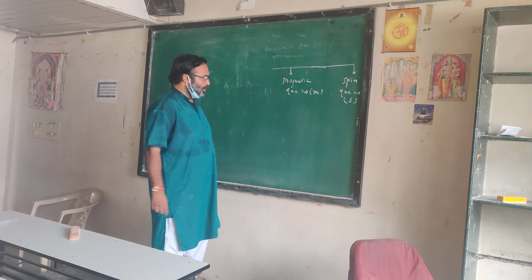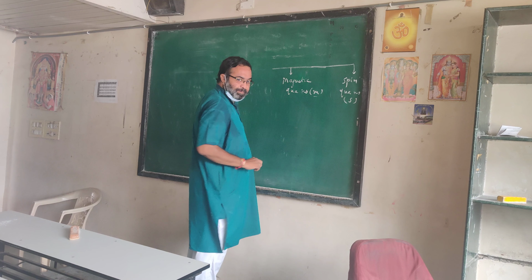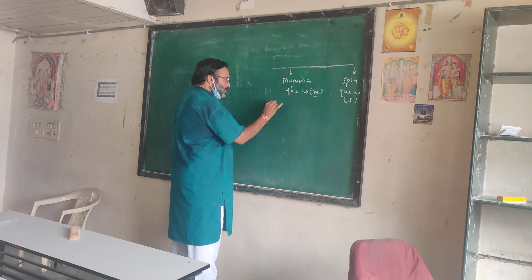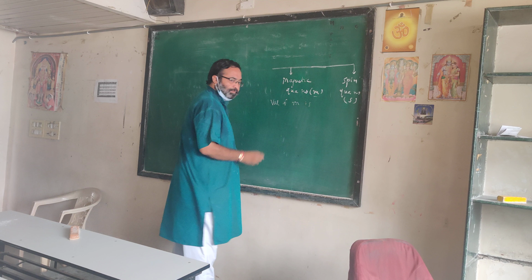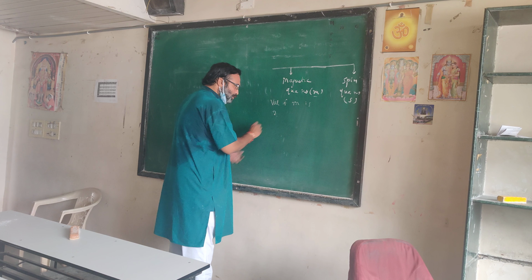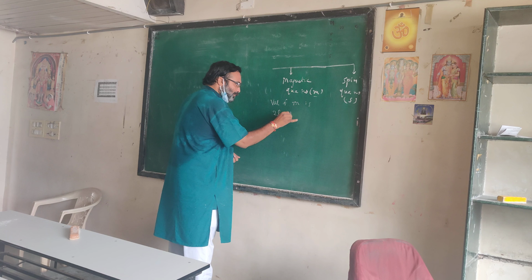Third is the magnetic quantum number, described by m. The value of m is 2l plus 1.